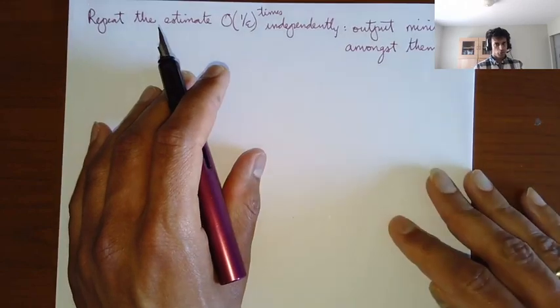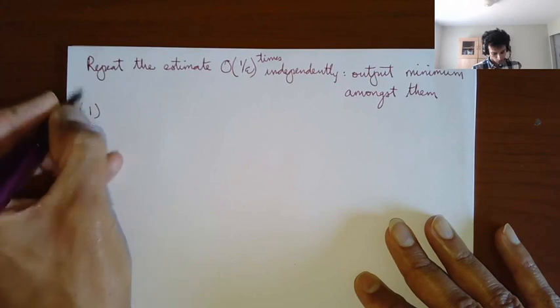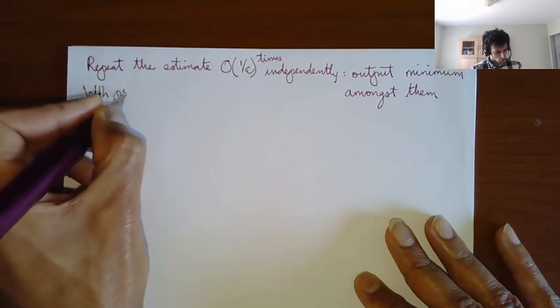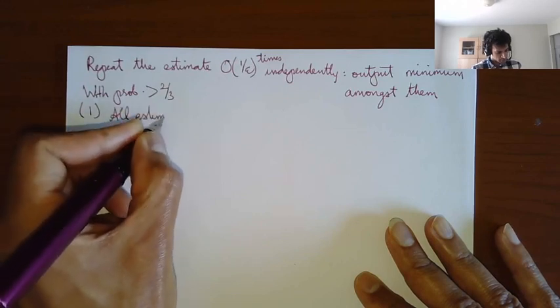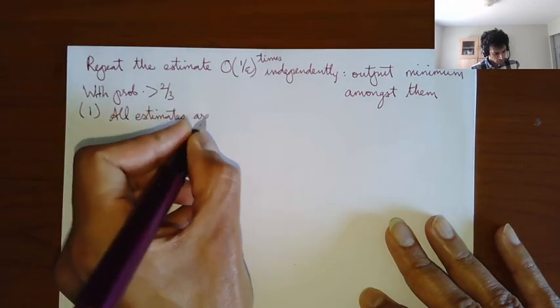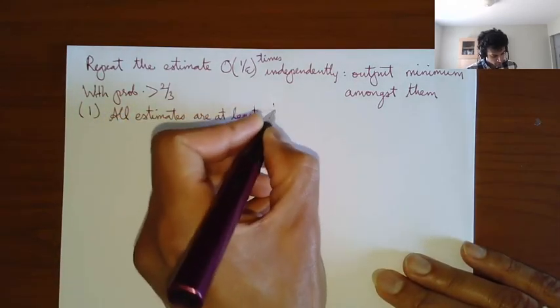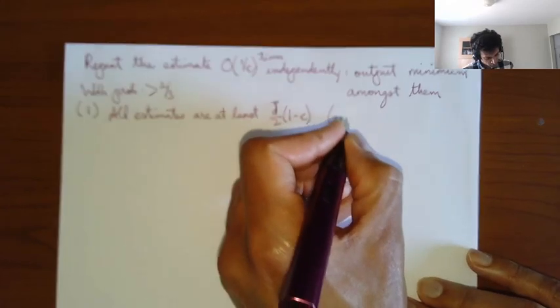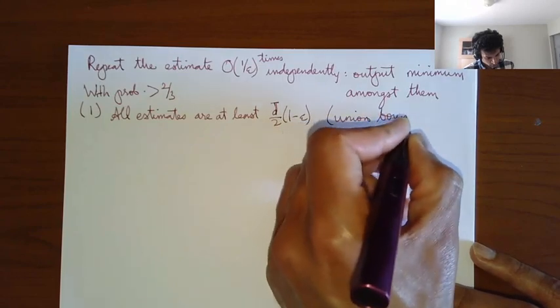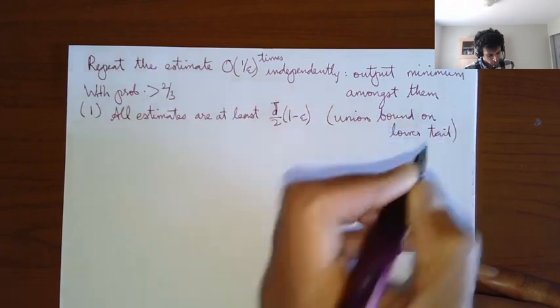So let me write down the guarantee. If you repeat the estimate 1 over epsilon times independently, two things will hold. You can argue that with probability at least 2/3, all estimates are at least d bar over 2 times 1 minus epsilon, and this is just a union bound on the lower tail, which you can afford to do.